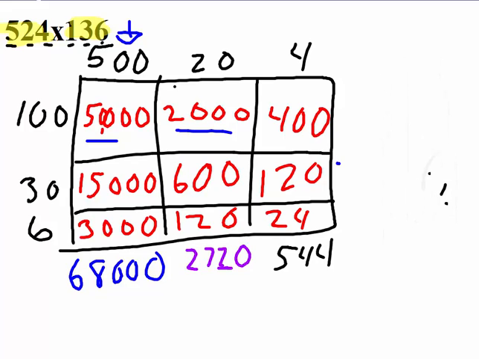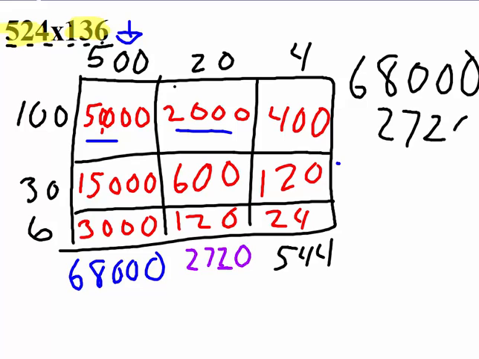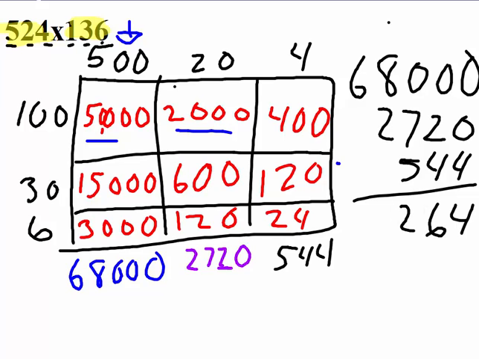Well, I have each part, so this means I have 544 plus 2,720 plus 68,000. So now all I do is I just add them up. 4, 6, 12, carry the 1, 11, carry the 1.